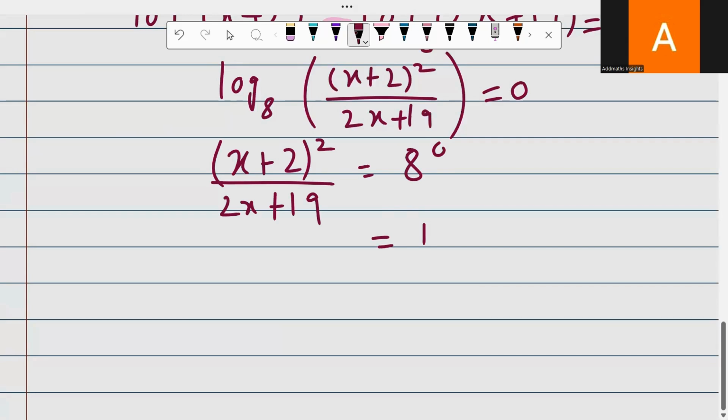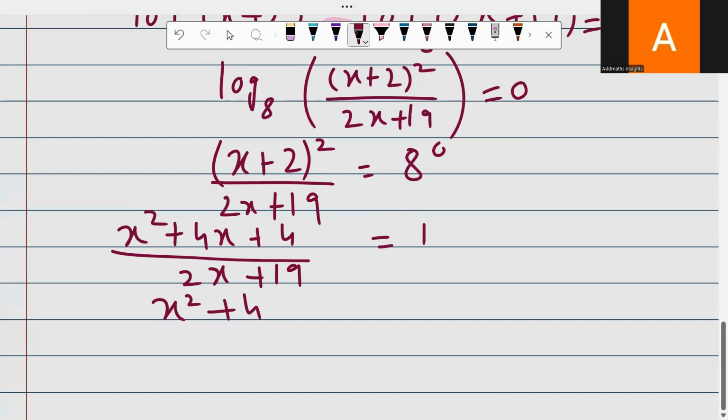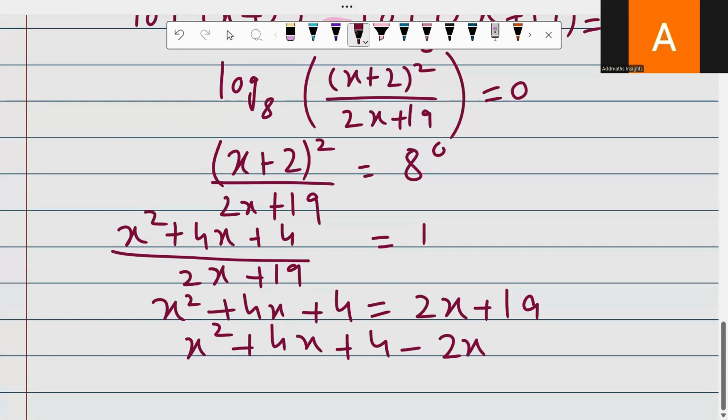You apply the identity to expand the numerator and keep the denominator as it is. Now you get a simple algebraic quadratic equation. You cross multiply the denominator and give standard form to your equation.